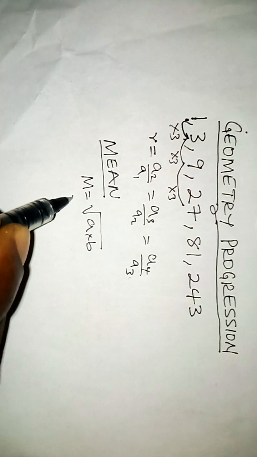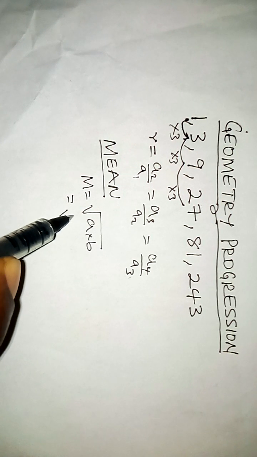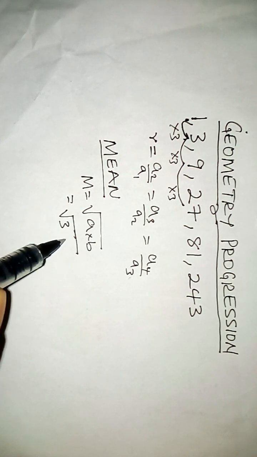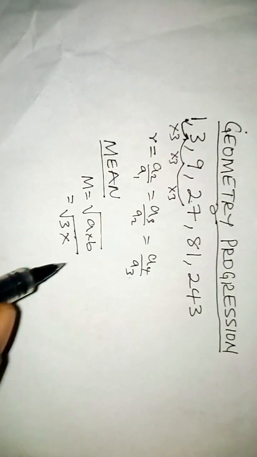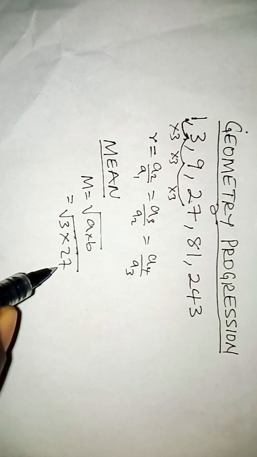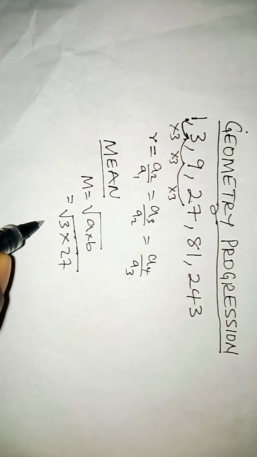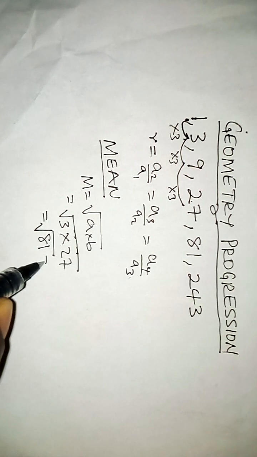So the mean will be: A will now be the second term, which is 3, multiplied by the fourth term, because these are the two terms under consideration. B will now be 27. So 3 multiplied by 27 will give us 81, and the square root of 81 will give us 9.